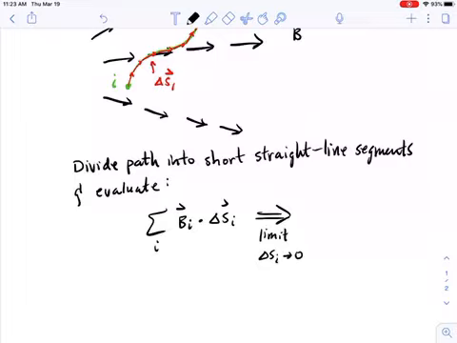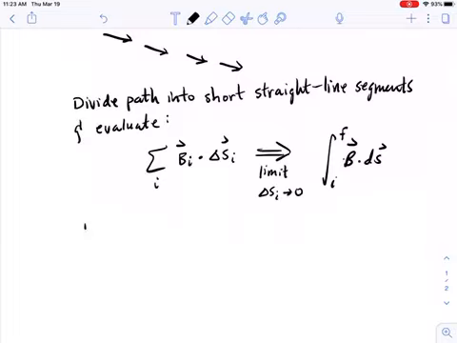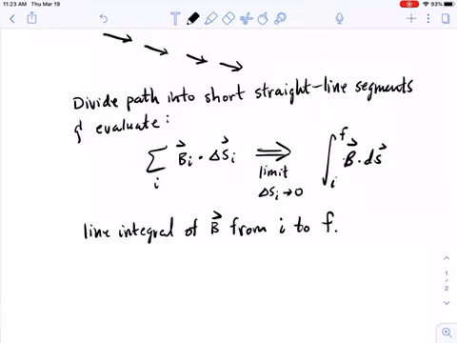Then we could write this sum as the integral from an initial point to a final point of B dot ds. This is called the line integral of the magnetic field B from some initial starting point to some final ending point.